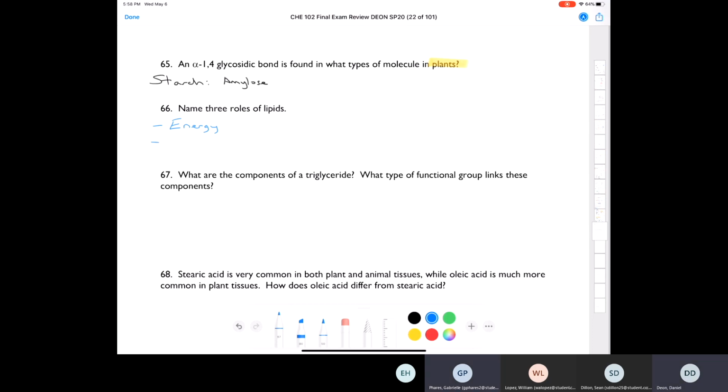Protection from surrounding stuff. Yeah, insulation, and I'll put what you're saying, which is shock absorption. Yeah, those are perfect. There's another one that I'm thinking of. I'm going to give you a clue. It's very rare that I give my students clues. It is the plasma membrane.